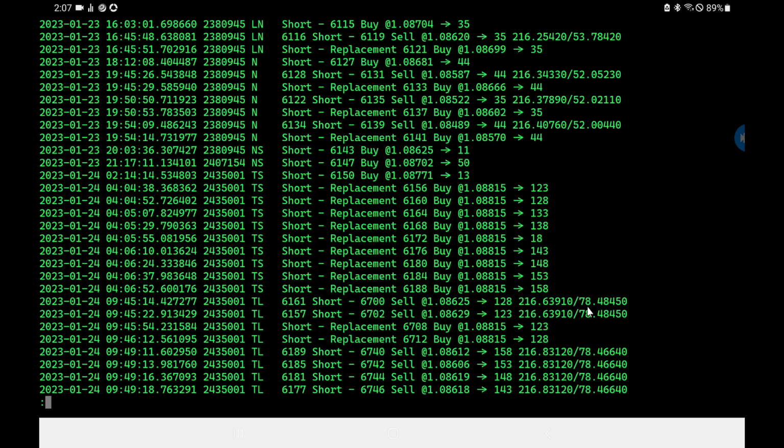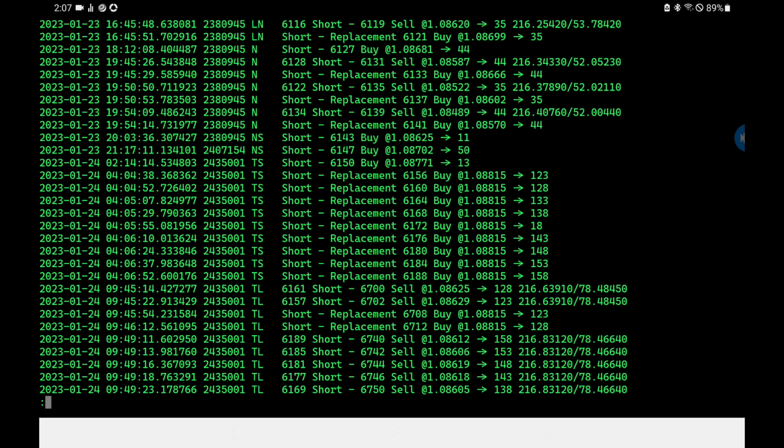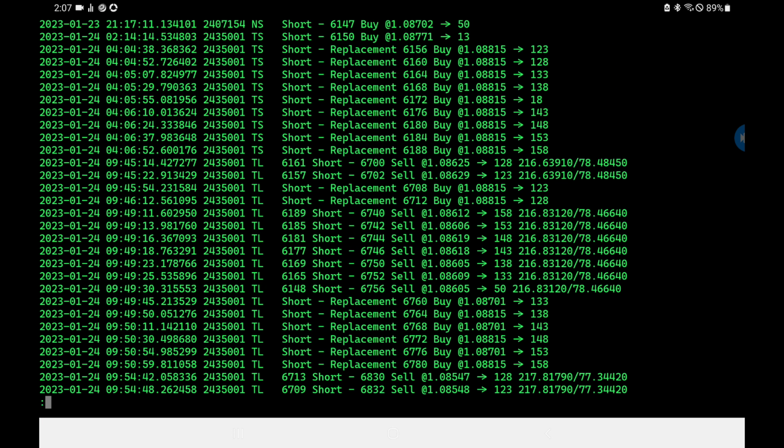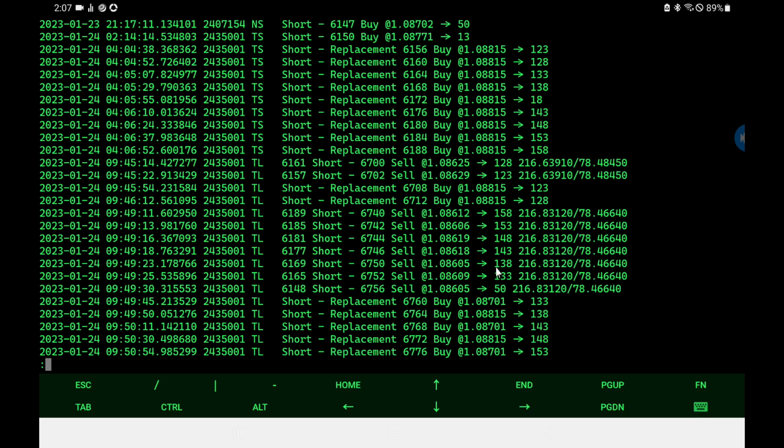A new level of resistance from the charts that I showed you yesterday. Here, same thing. Builds up. It continues the process. And it continues to build. So if you look at our margin, now we're up to $78 a margin.